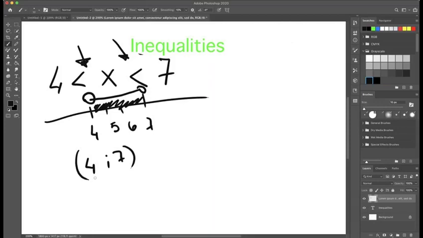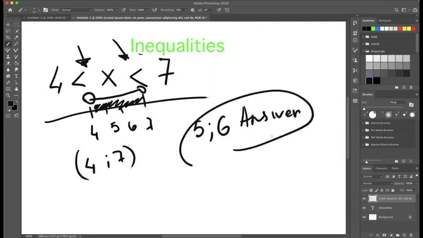But if they write, how many integers do you have that satisfy this condition? You will say 5 and 6. That's all. Answer: just 5 and 6, because they said integers.